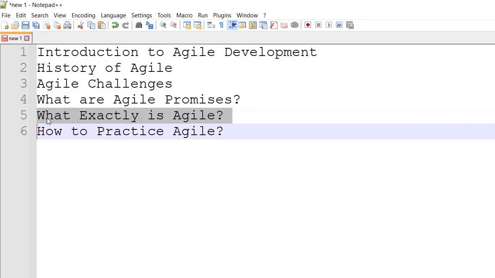So, what exactly is Agile? The question arises now. Agile is not a set of rules. Agile is not a set of guidelines. Agile is not even a methodology. Rather, Agile is a set of principles that encourage flexibility, adaptability, communication, and working software over plan and process. It is very succinctly captured in what is called the Agile Manifesto.